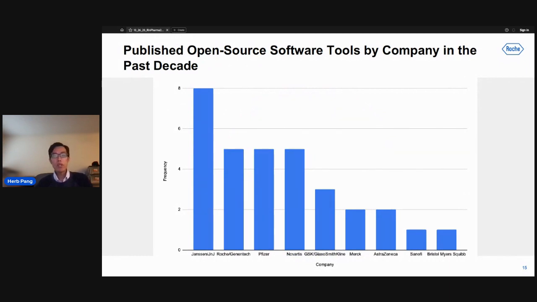In terms of the different companies that published open source software in the past decade, J&J is the one with the most publications, followed by Roche Genentech, Pfizer, and Novartis, all having 5. Other companies have somewhat fewer publications of open source tools.